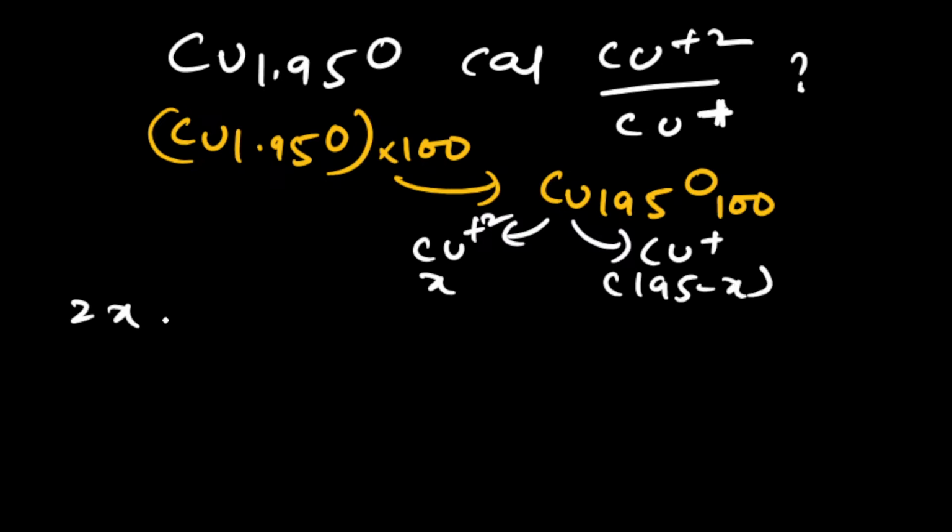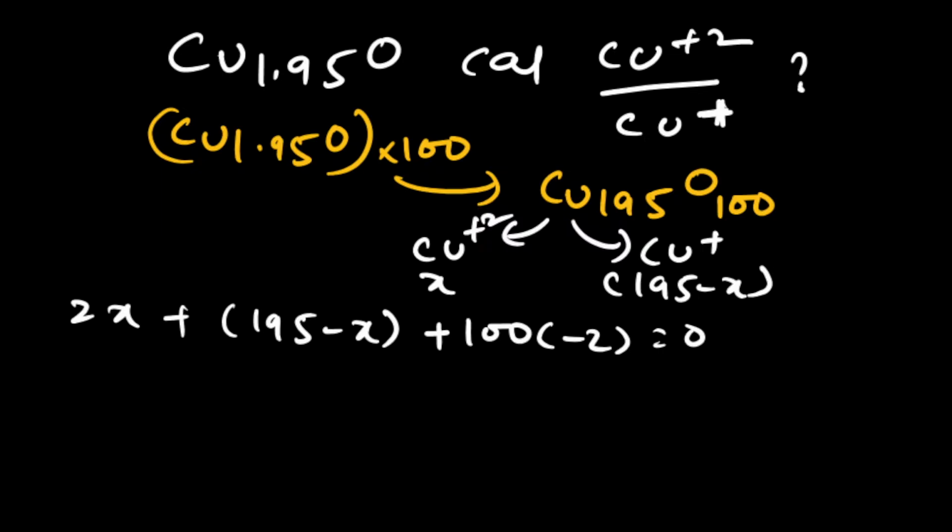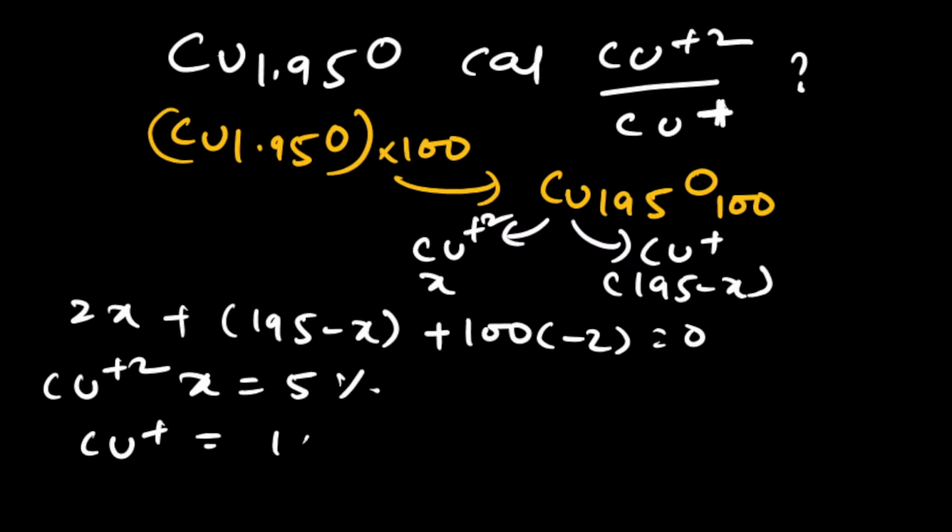Then 2x plus (195 minus x) plus 200 into minus 2 is equal to 0. So x is equal to 5. X is equal to 5, which is present in Cu plus 2, so you will get 5%. Then Cu plus is 190. Then Cu plus 2 by Cu plus 1 is 5 by 190.